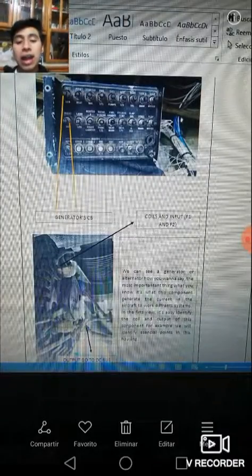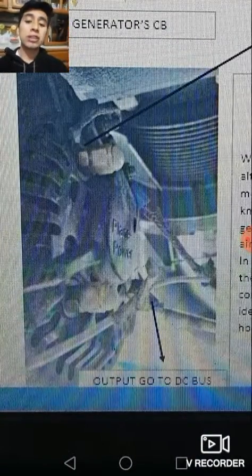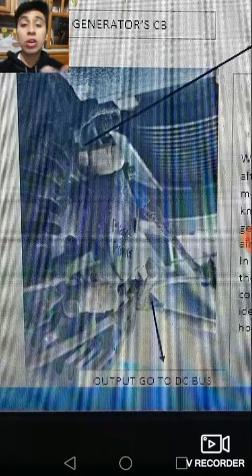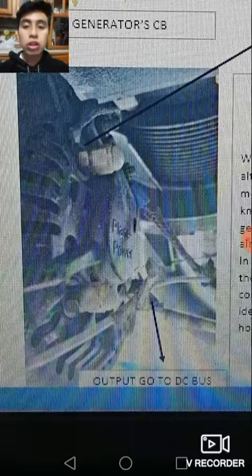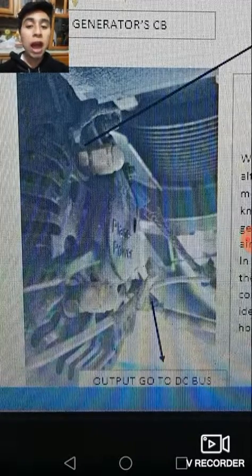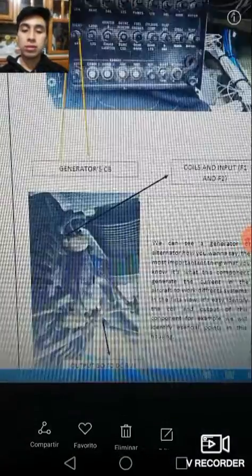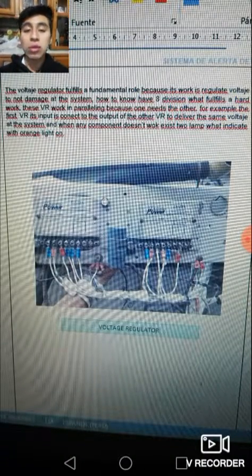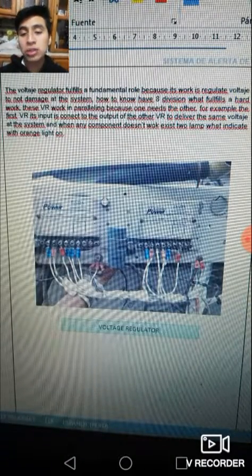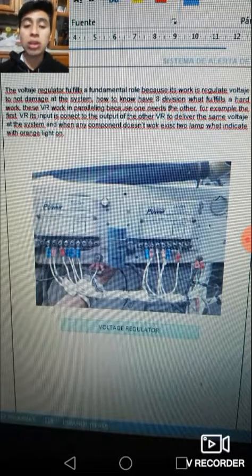I can test the generator, three terminals, for example, output, input, and coil. The coil is very important for generating the current. Then I can test the regulator. The voltage regulator is essential for the system, because this regulator works together.